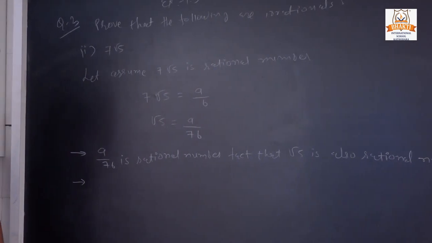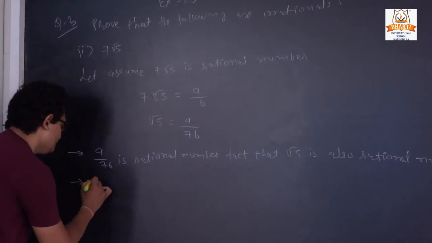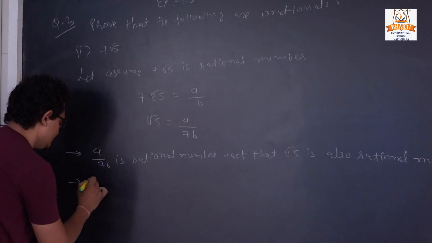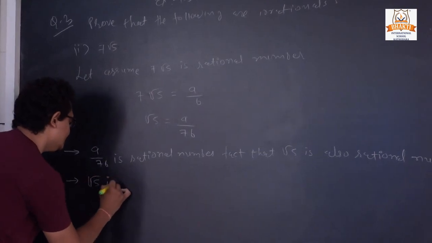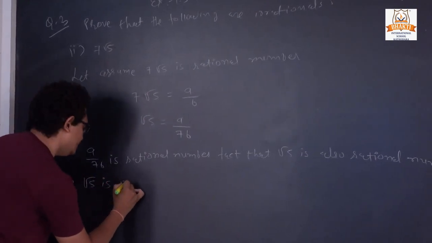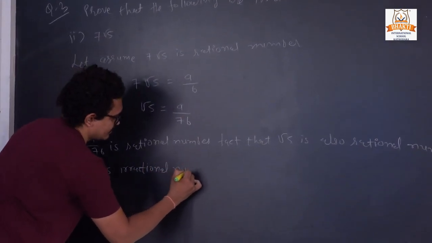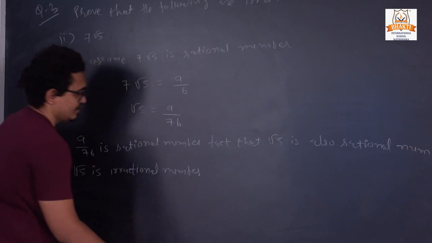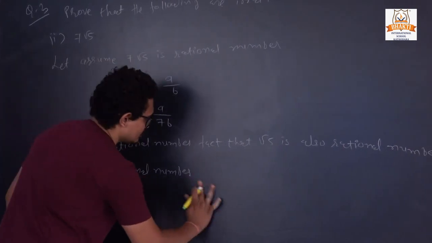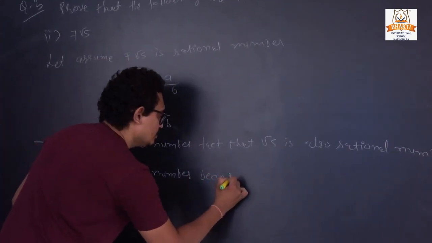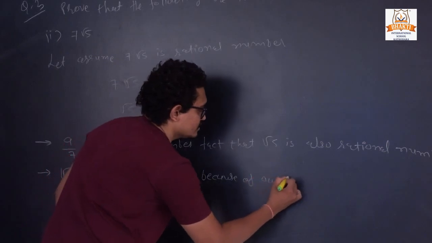Our false assumption. So we can write root 5 is an irrational number, because of our false assumption.